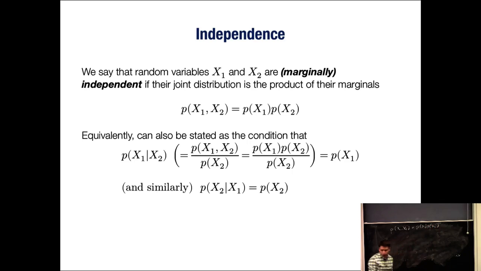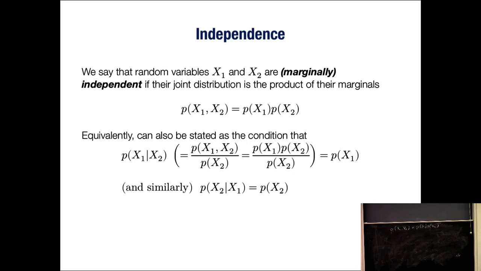Now again, remember, what are these things? This thing here is a distribution over, for all possible values of x1 and x2, what's the probability? This one's the same thing, because you can just take all possible values of x1 and x2 and plug them in there. And this has to be true for all possible combinations of x1 and x2 in order for these two variables to be independent.